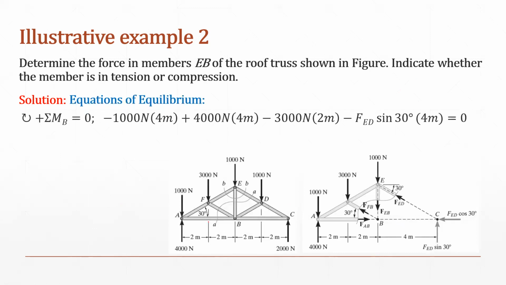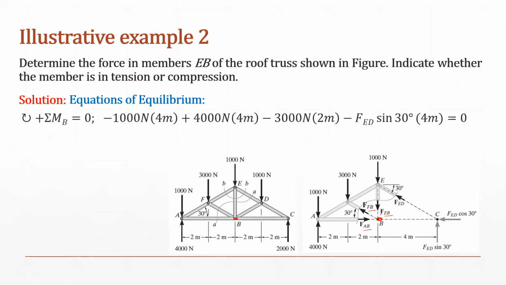As I said, if we take moment at B, then the moments due to forces FEB, FFB and FAB, all three of which are unknown, will be 0. So now we are going to find the moment at B due to all the forces.